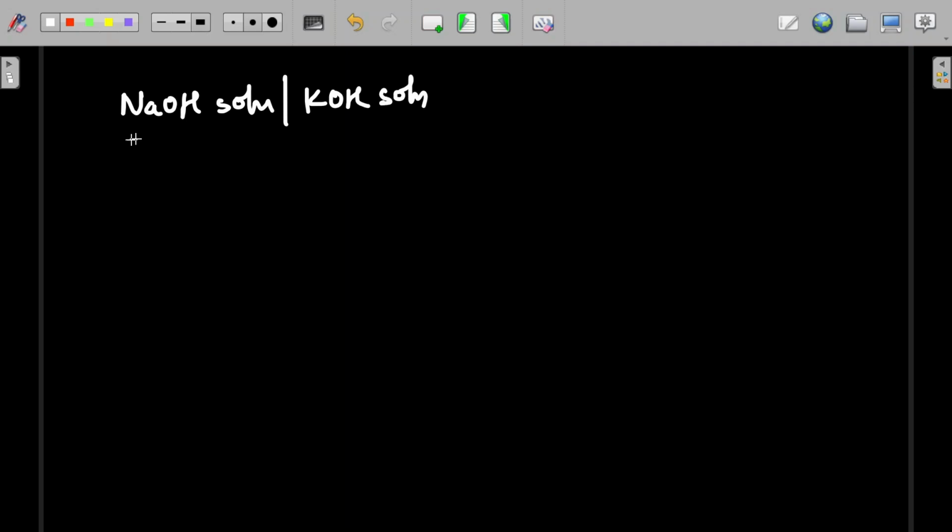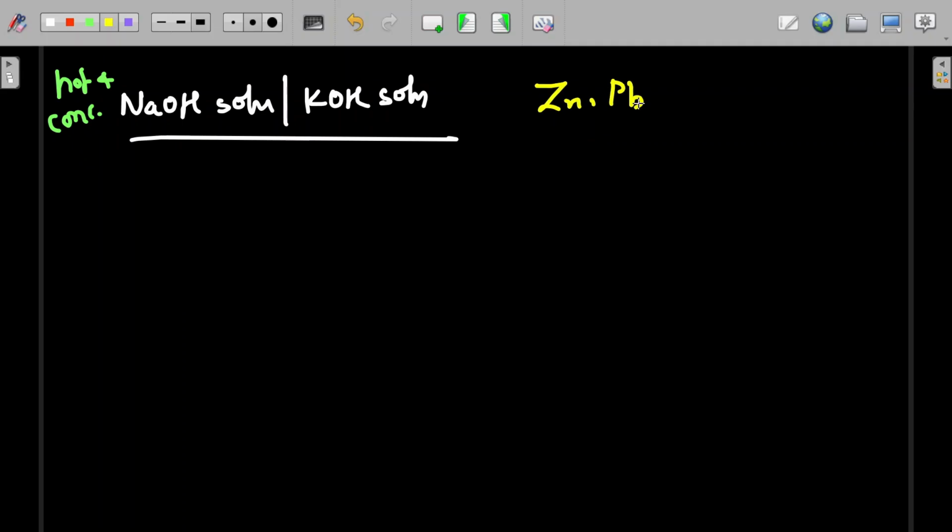Here we are doing the reaction of hot and concentrated NaOH or KOH solution with these three metals. Which are those? Zinc, lead, aluminium. You have seen these last year in the hydrogen chapter, if you remember.